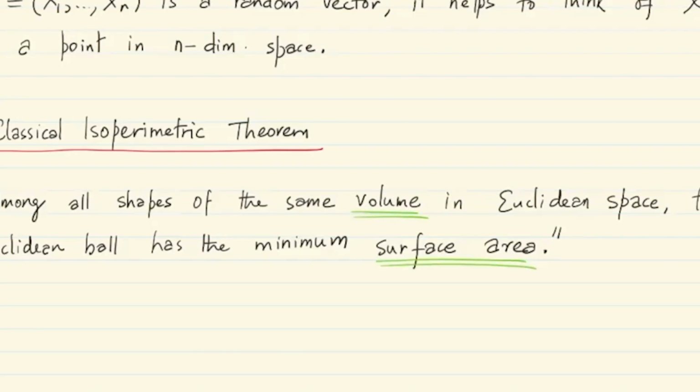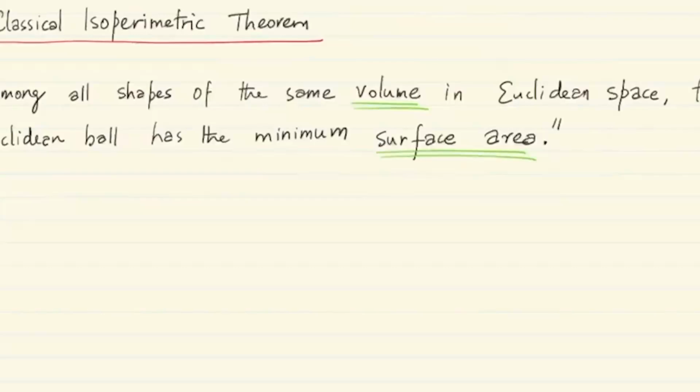In some sense we are stating the dual form of the classical isoperimetric theorem. Isoperimetry really means shapes that have equal perimeter or surface area, and the dual version of the statement is that among all shapes of a given surface area, the Euclidean ball has the maximum volume. Now there are two terms here which are very important to understand in such a statement.